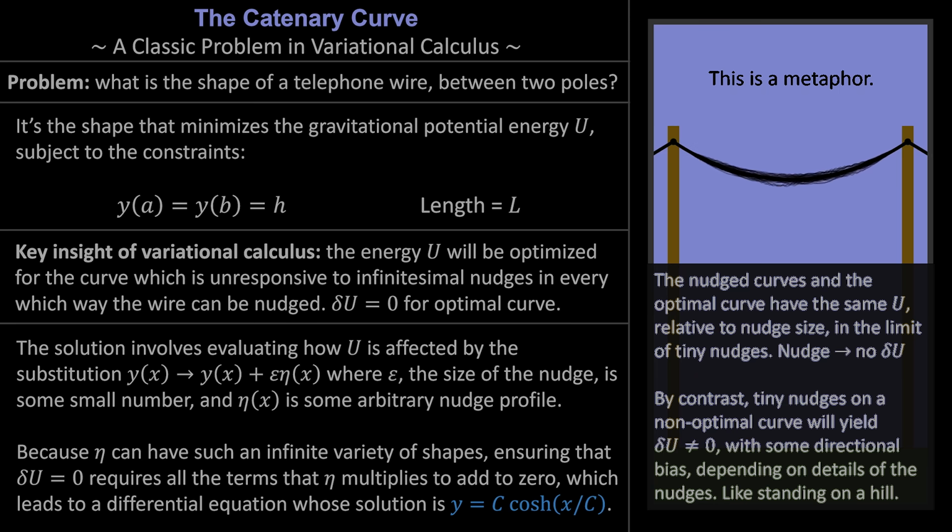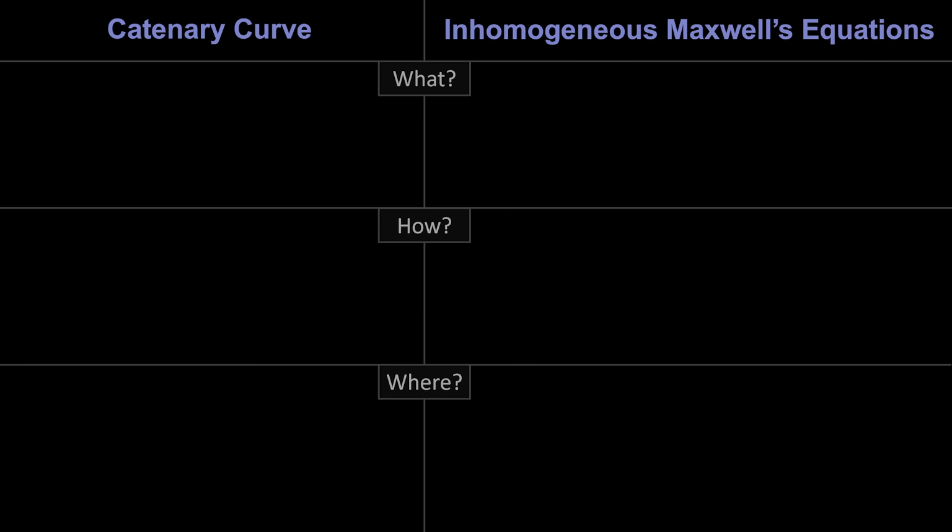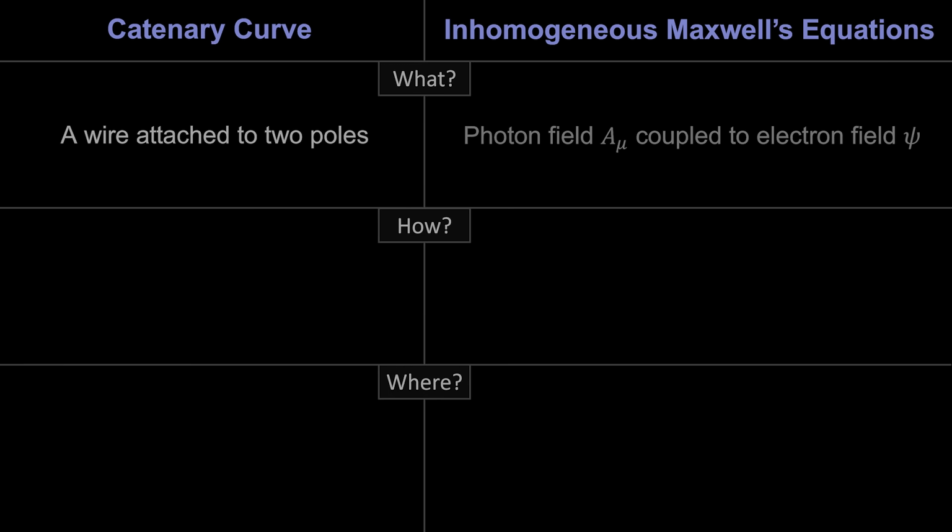The reason I bring that up is because the calculation for the inhomogeneous Maxwell's equations is actually very, very similar in essence to the calculation for the curve taken on by a telephone wire between two poles. Now, instead of a telephone wire, it's going to be the photon field and its derivatives that are allowed to vary. The condition is that we have some arbitrary electron field psi that A is going to couple to.